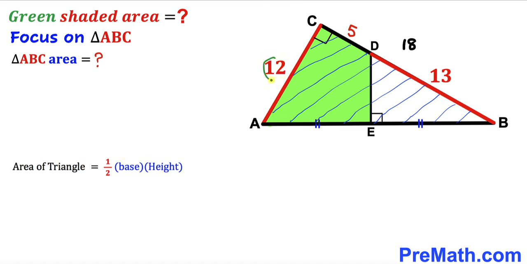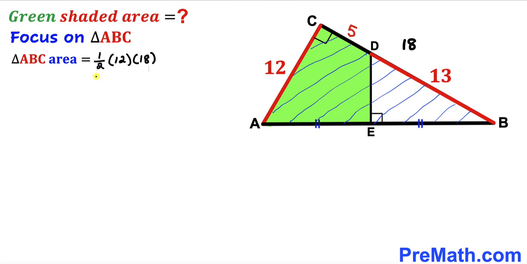In our case, this side is our base and this whole side is the height of this triangle ABC. So the area of this triangle ABC is going to be a half times 12 times 18. If we simplify everything on the right hand side, that is going to give us 108 square units. So thus the area of this triangle ABC turns out to be 108.